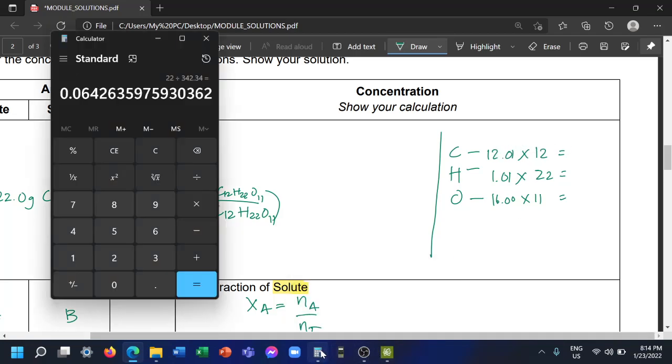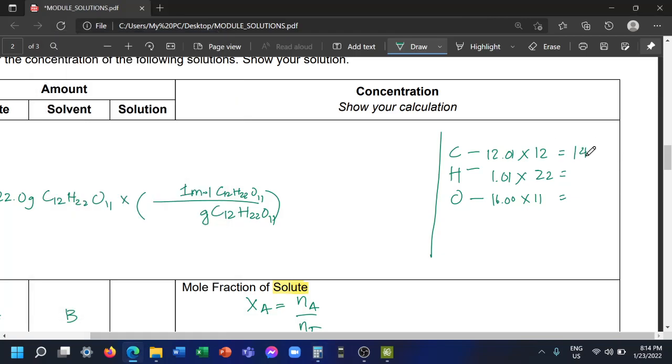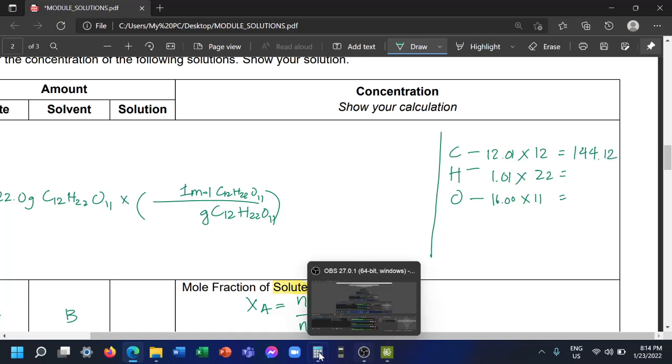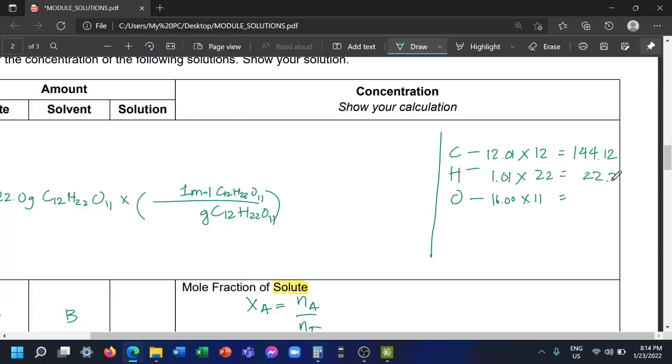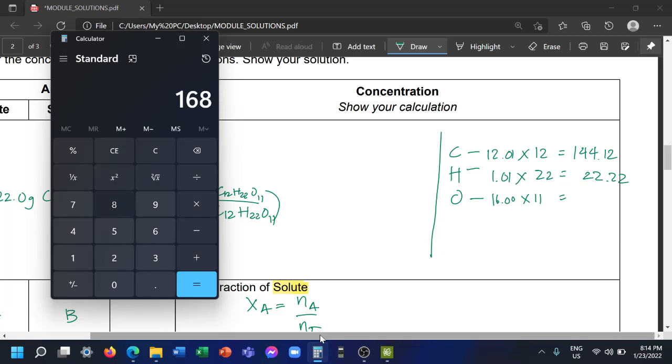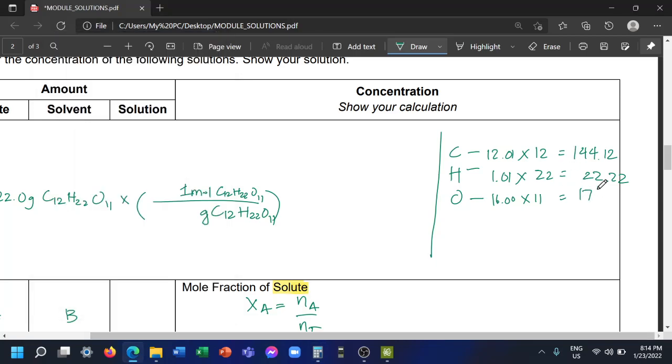Then we'll multiply. 12.01 times 12 is equal to 144.12. The next one is 1.01 times 22, which is 22.22. And for oxygen, 16.00 times 11, that's 176.